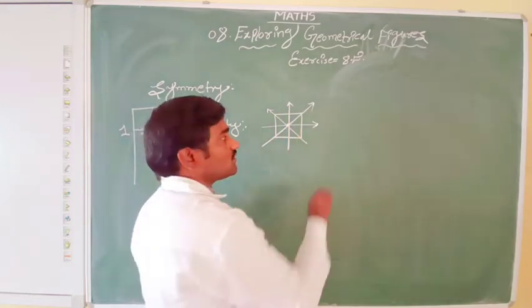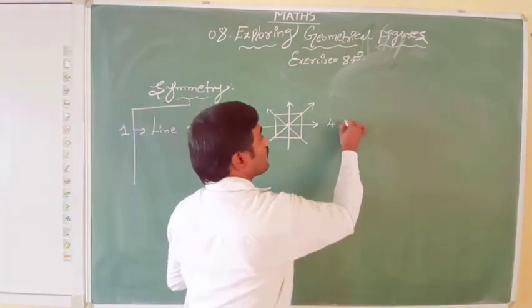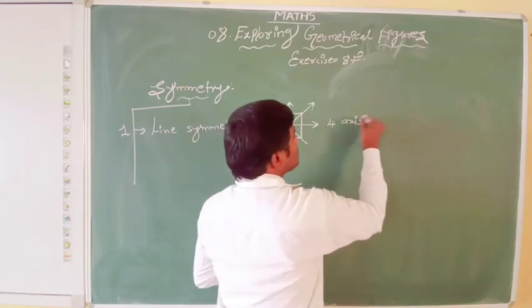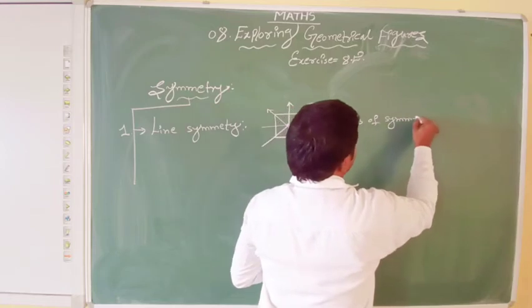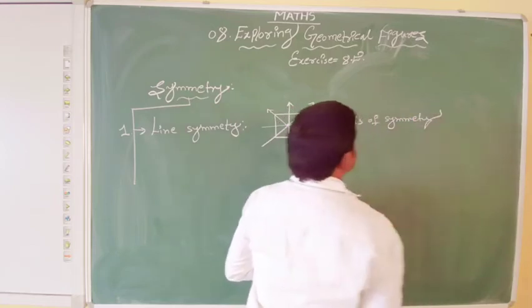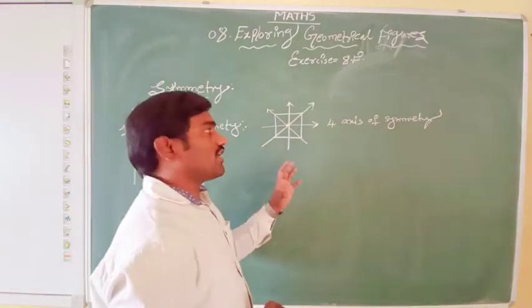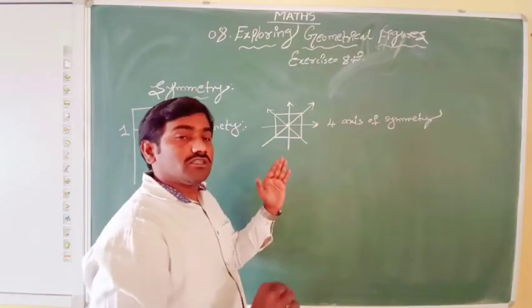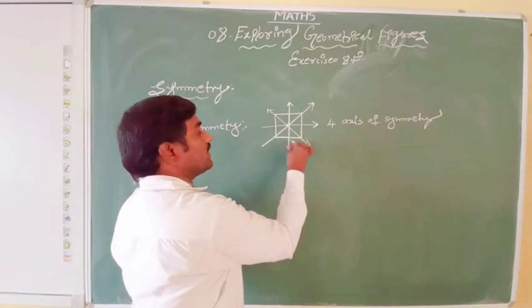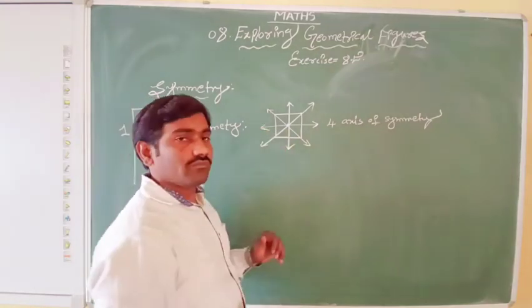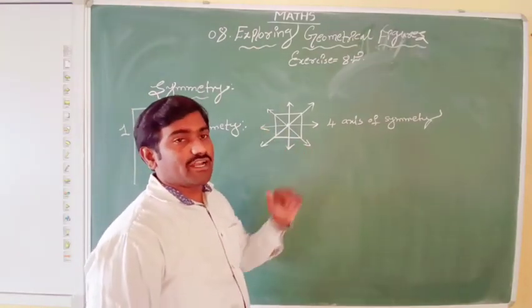A square has 4 axes of symmetry. That means if you draw diagonally or vertically or horizontally, it will divide into equal identical parts.